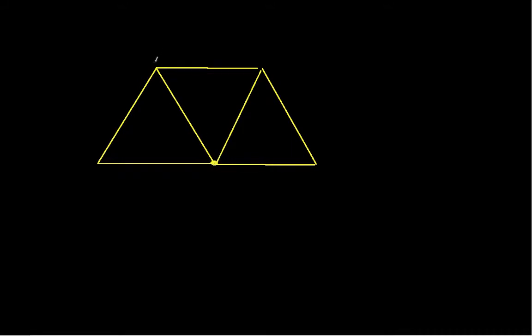We have joints everywhere the members meet. And let's label the members. We'll start here as A, B, C, D, and E.